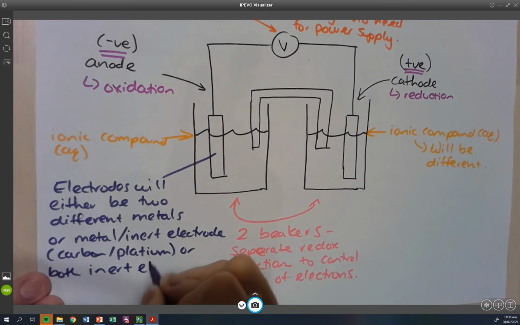All right, so the other thing I can do from the beginning is I can label my electrodes as cathode and anode. Personally, I'm not going to do that because in most cases we will label the electrodes for you and tell you this is the copper electrode and this is the iron electrode.